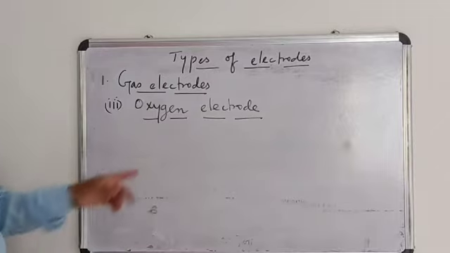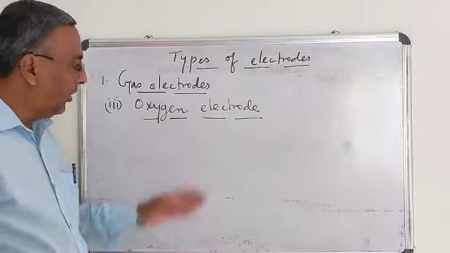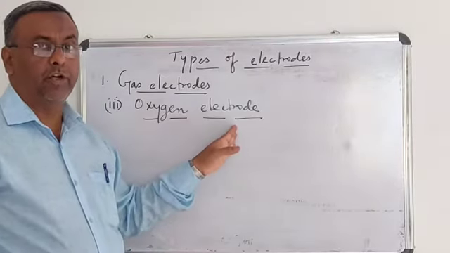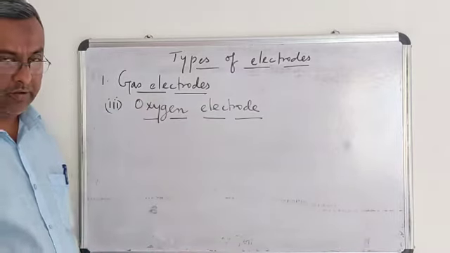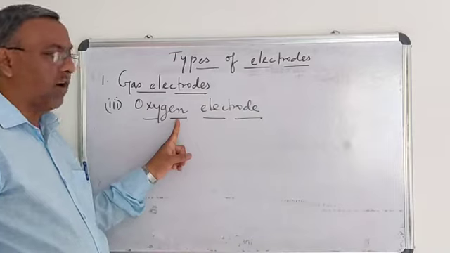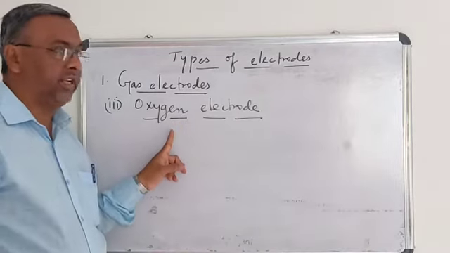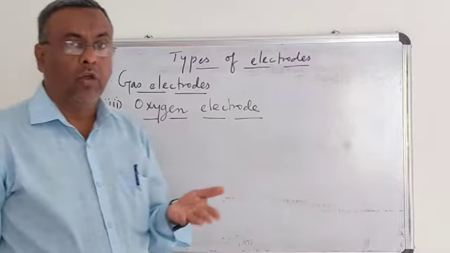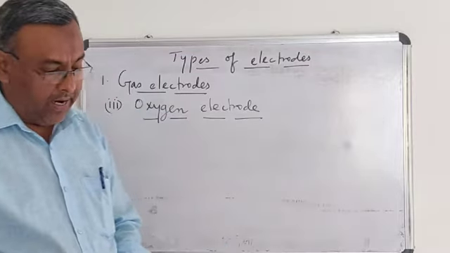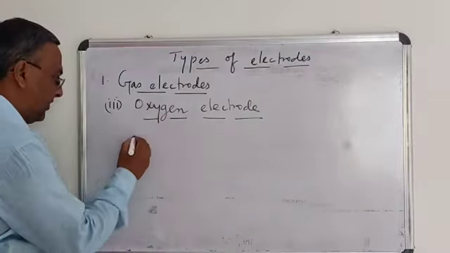In the oxygen electrode, oxygen gas is bubbled through a solution containing OH minus ions, and the reaction is as follows.